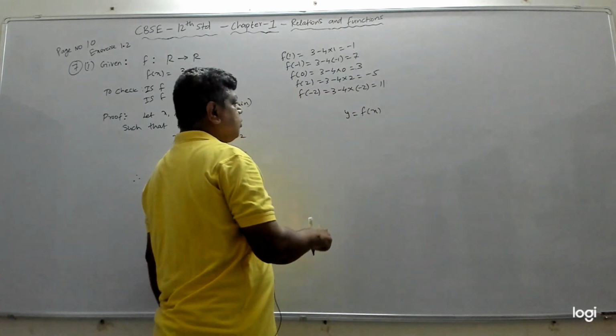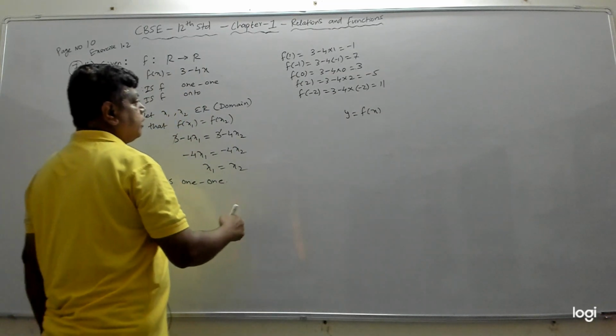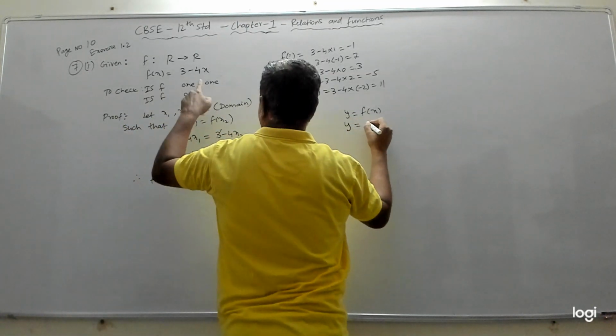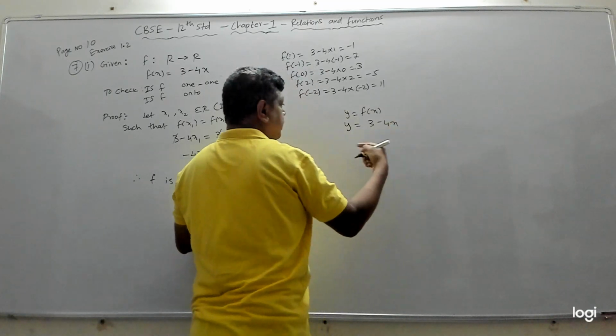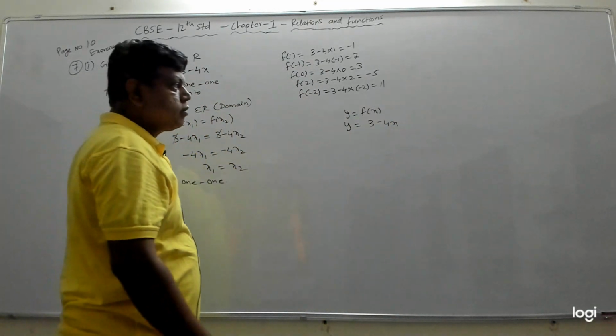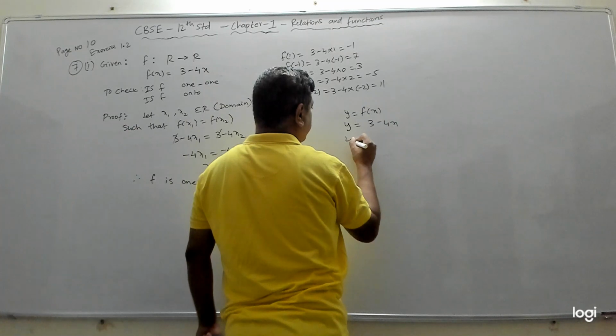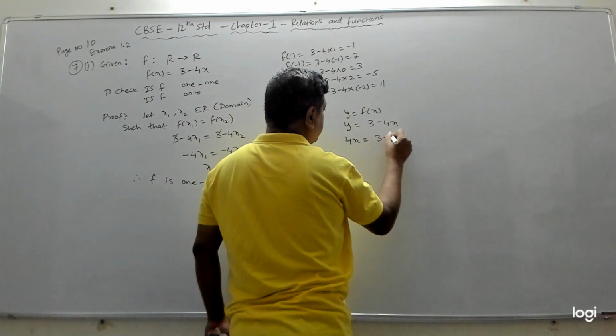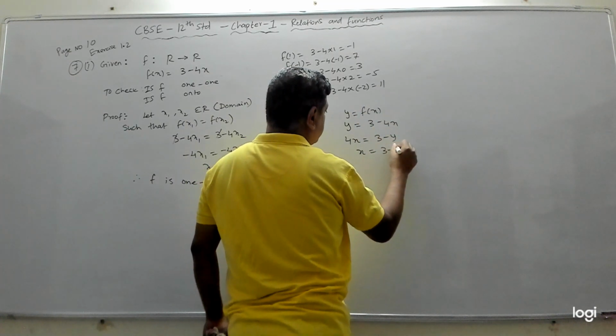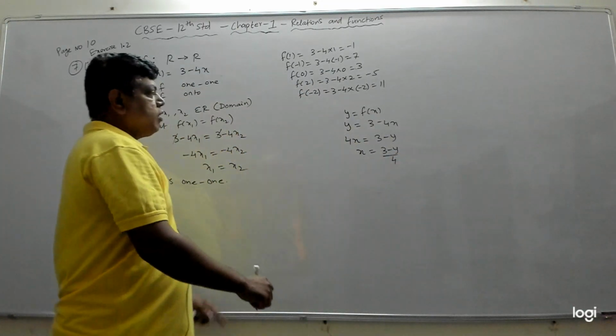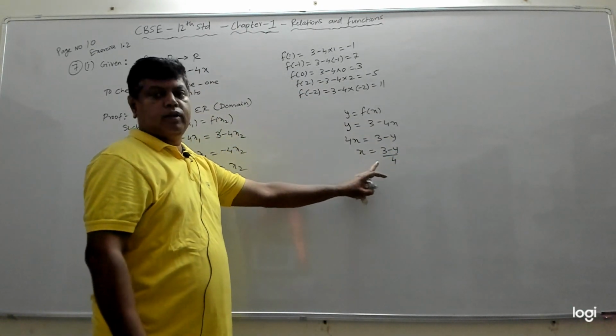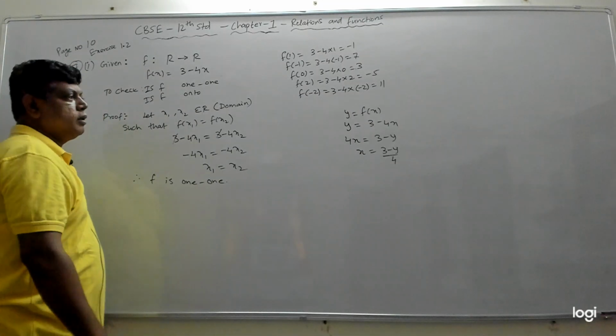We'll always put y equal to f of x. And what is f of x? 3 minus 4x. Now we'll try to write x in terms of y, which means bring all the x to the left side, so 4x, and throw the y to the other side, 3 minus y. And your x will become 3 minus y by 4. So we have written x in terms of y.